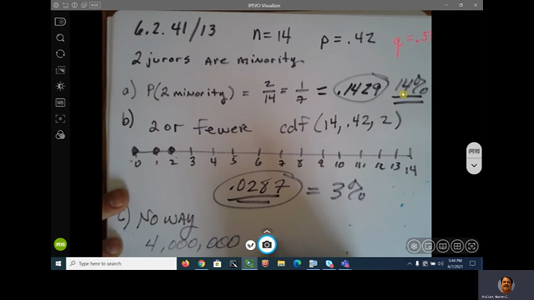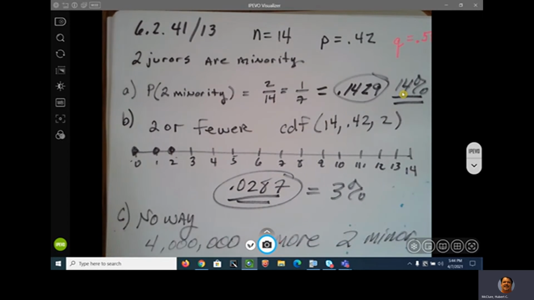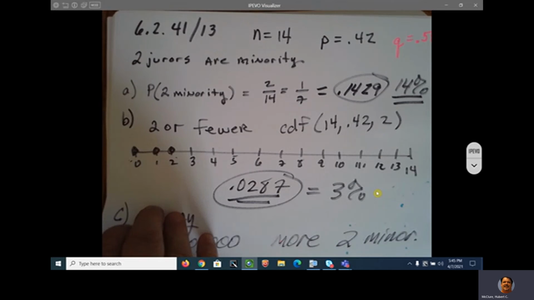You can get me more than 2 minorities on jury duty. That's what I would say if I was a lawyer representing a minority and 4 million people have been asked and they can only get 2. No.